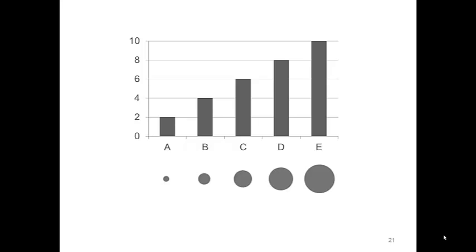But you can't tell the values, even relative. Even if you knew that A was 2, if you didn't have the top half, would you be able to say that B was 4? No. And it doesn't matter whether you choose diameter or area as the variable of the circle that changes in proportion. Either way, you can't tell the value.